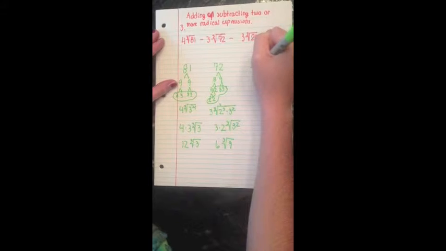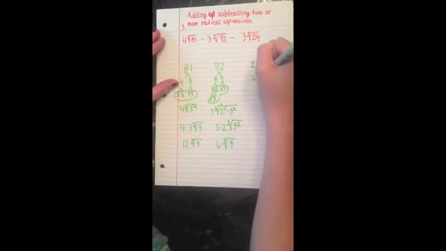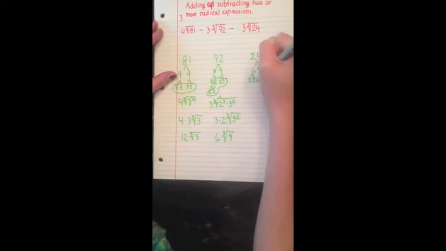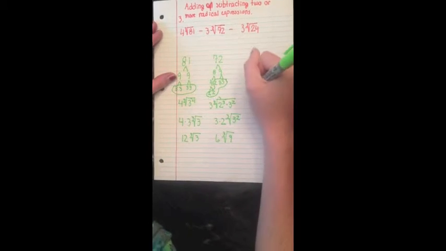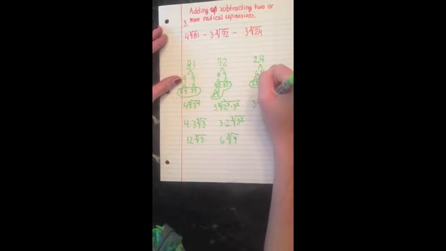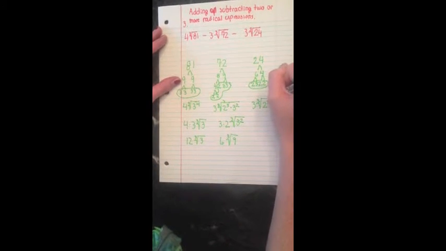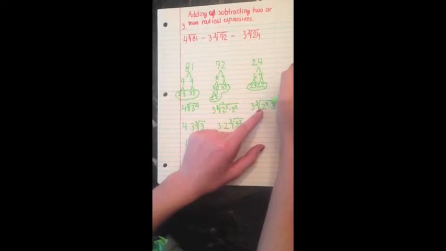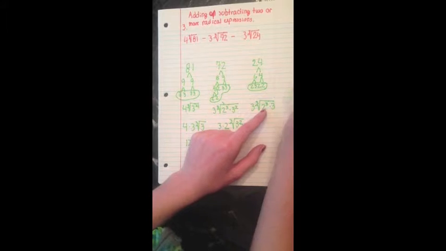Now 24. Alright, so remember the only thing we're looking for under the radical is stuff that's to the cubed.